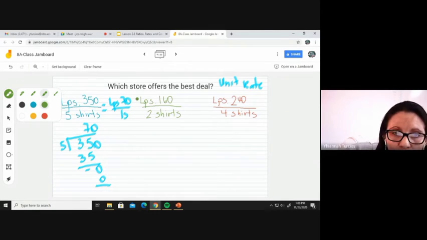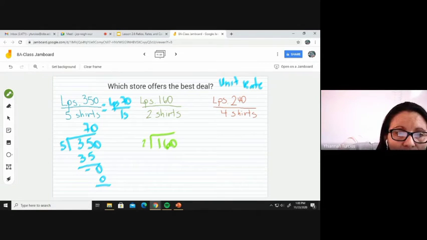The same way I did this to find out the unit rate, I will do this other one. I will also divide 160 divided by 2. And this will give me 80, okay? That means every shirt in this store, based on this information, will be 80.